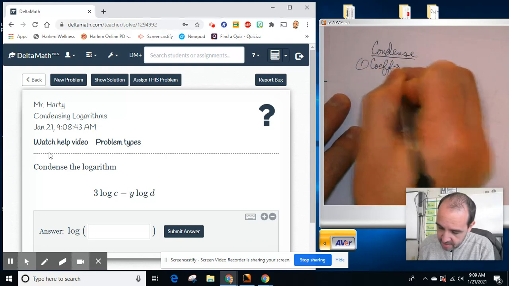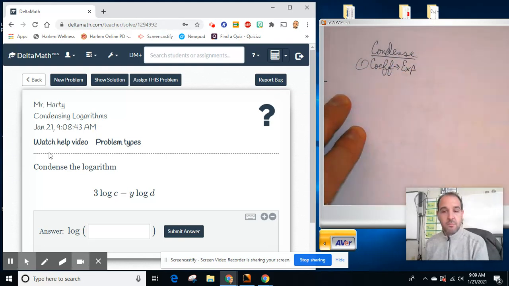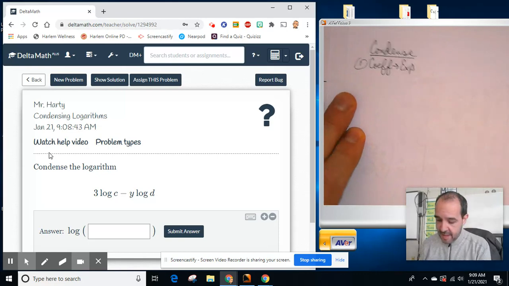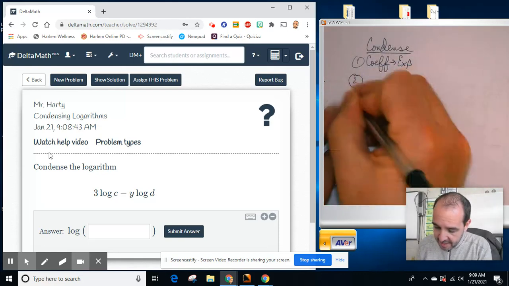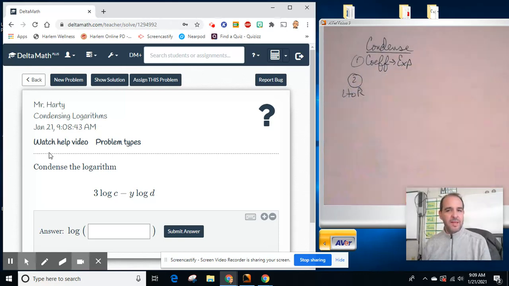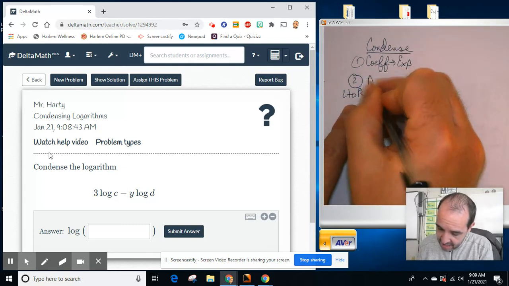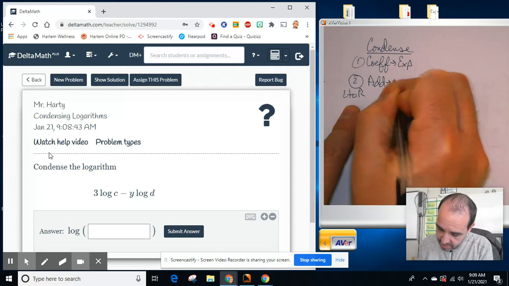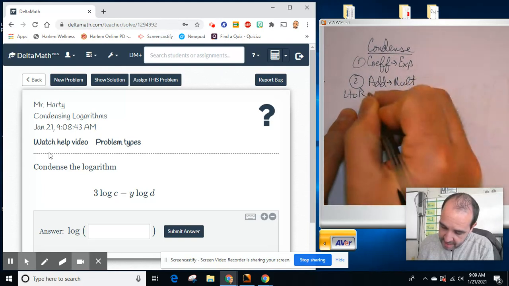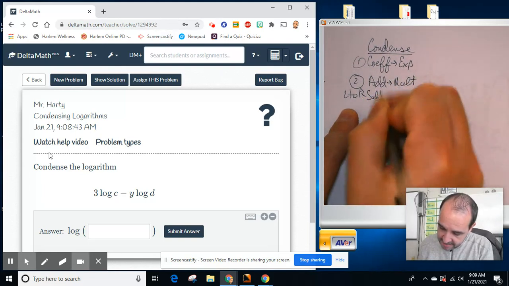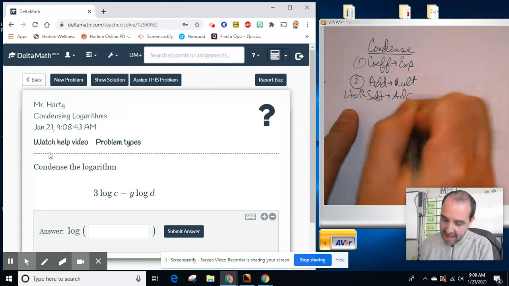Coefficient to exponent will always be what I do first. And then second, and I'm going to do this from left to right just based on what I see, I'm going to have add is going to become multiply, and subtract is going to become add.